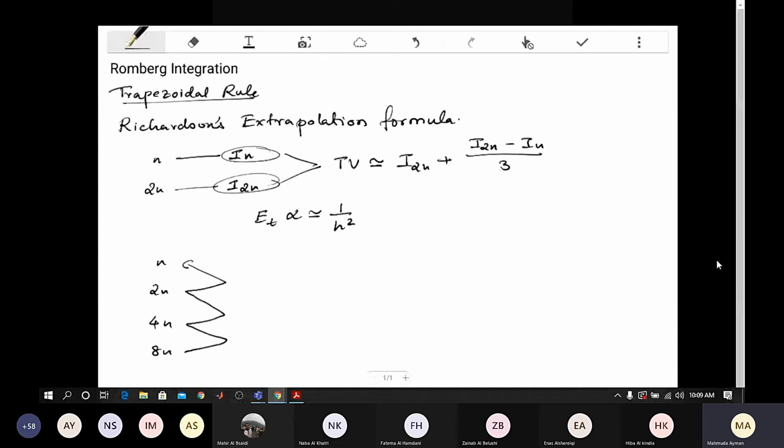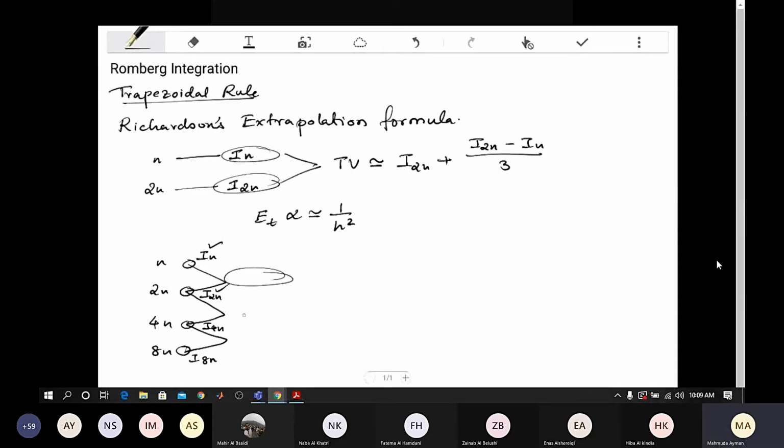And this one you can say it is approximated using the multiple segment trapezoidal rule, which is I_n. This one is I_2n, and this here is I_4n, and this here is I_8n. And you can use the I_n and I_2n to get a better value for the Richardson approximation.